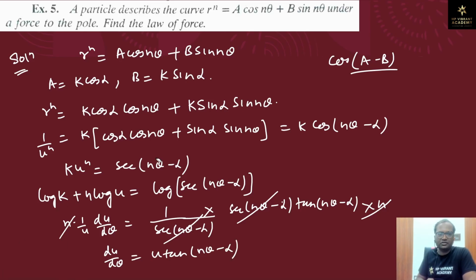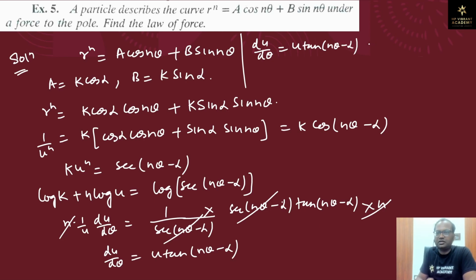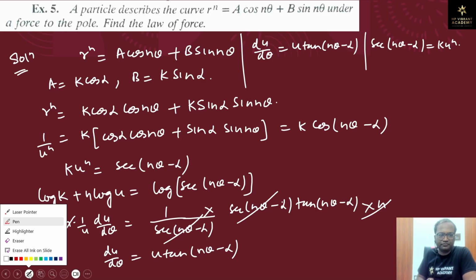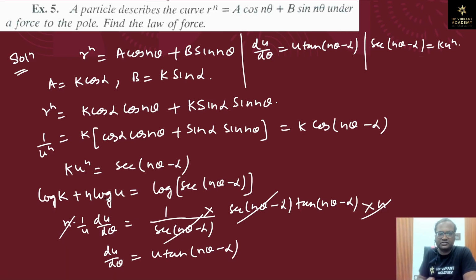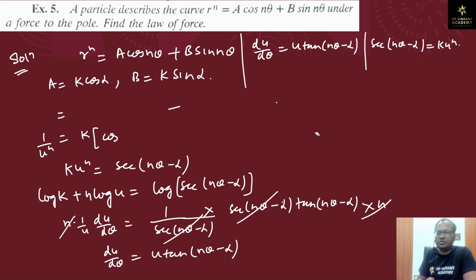Okay, so we have du upon d theta is equal to u tan (n theta minus alpha), and we have sec (n theta minus alpha) is equal to k u to the power n. Okay, so let us further differentiate this du upon d theta.